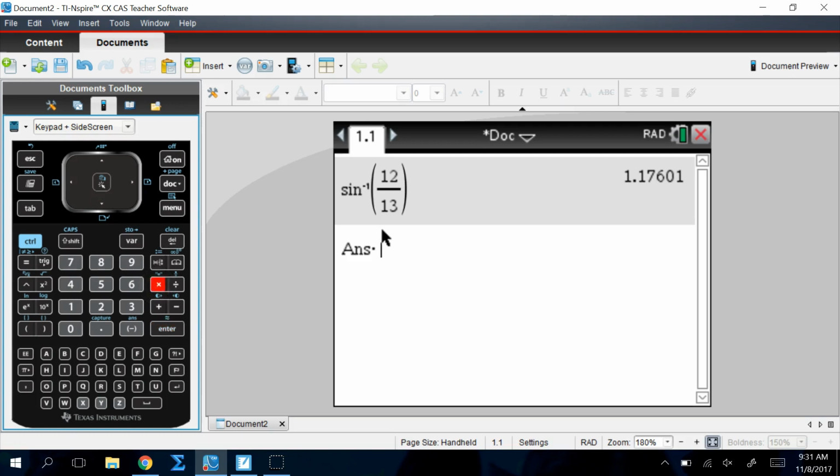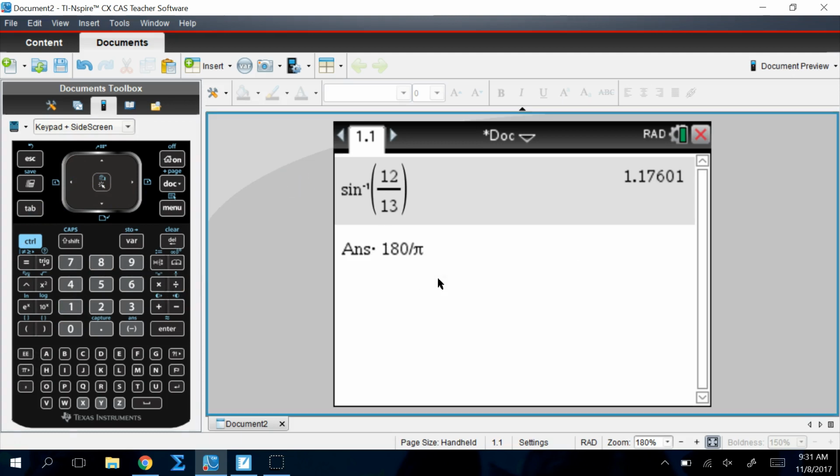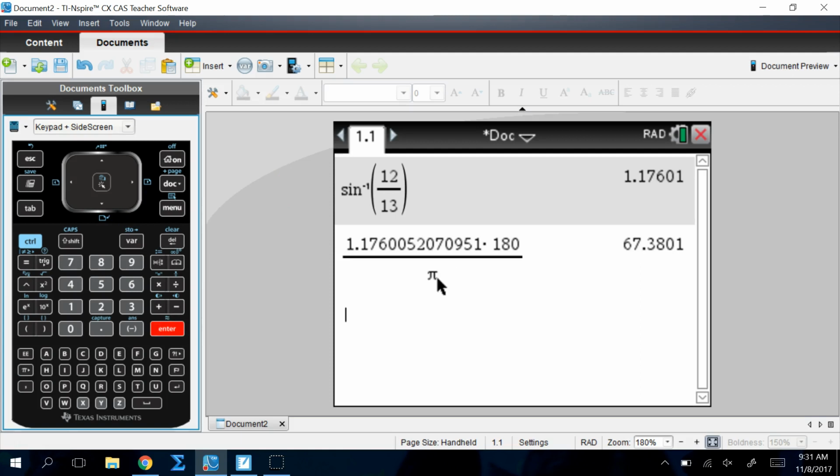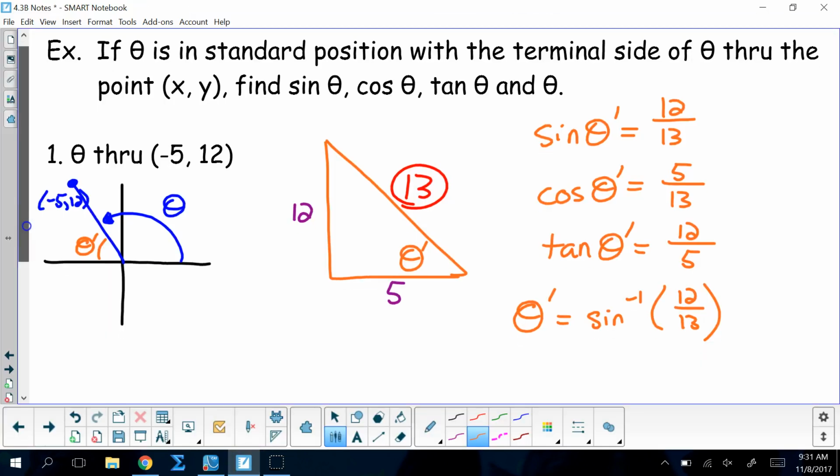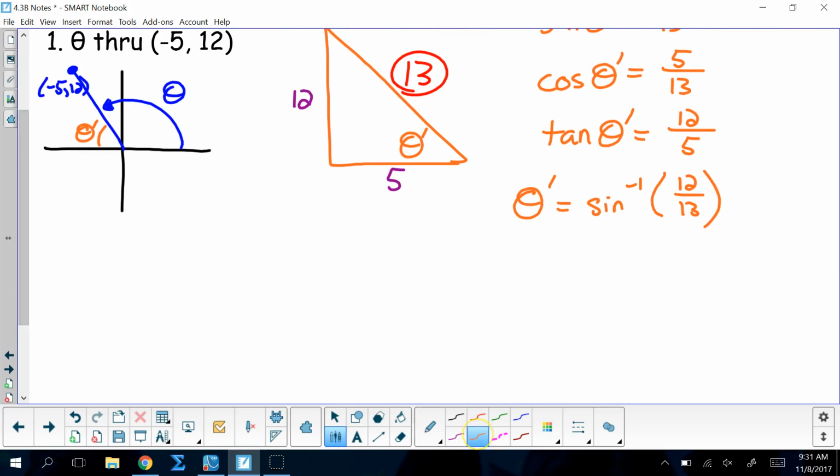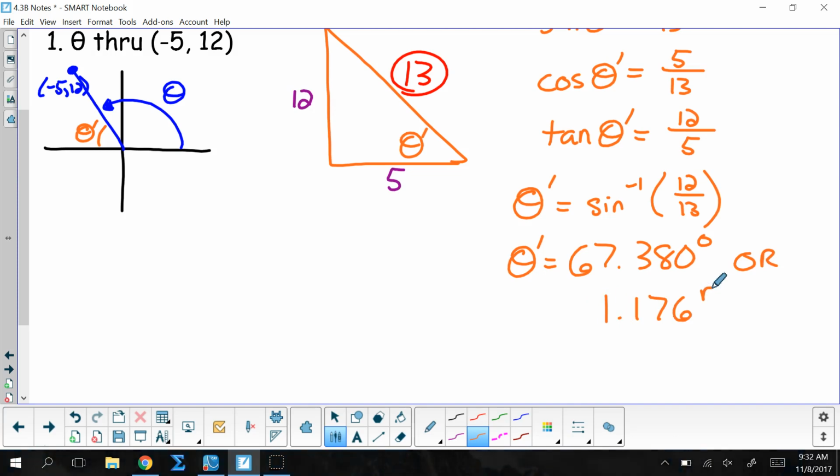So you convert that into degrees, right? Okay, so that tells me then that theta prime, my reference angle here, is 67.380 degrees, or 1.176 radians.